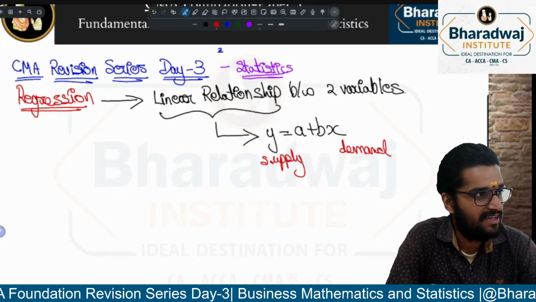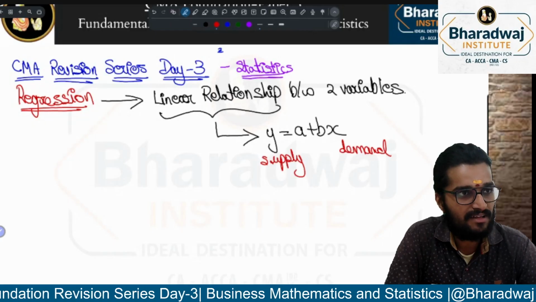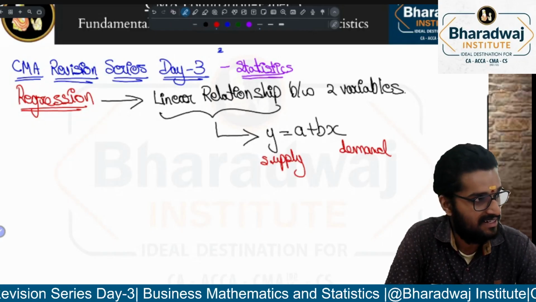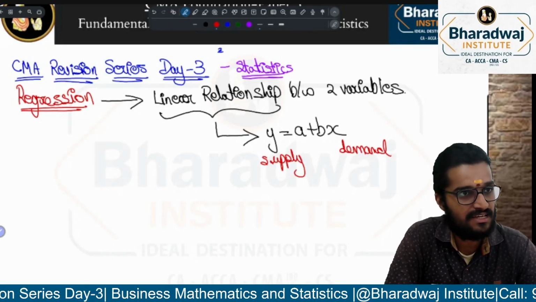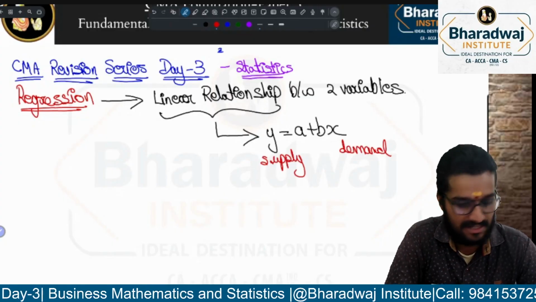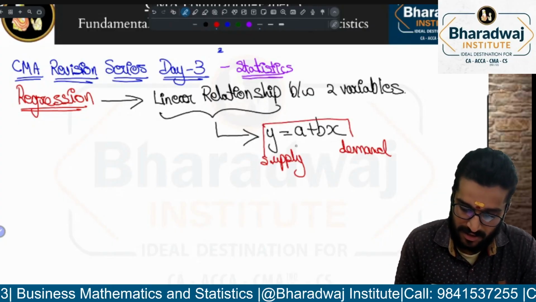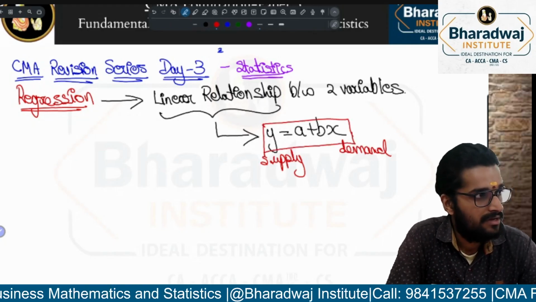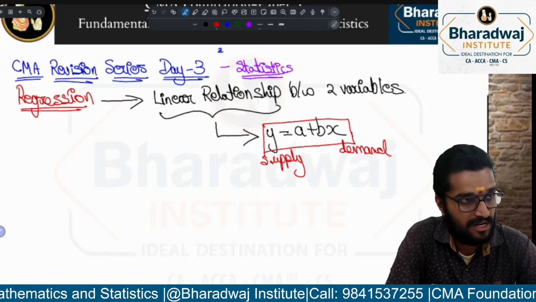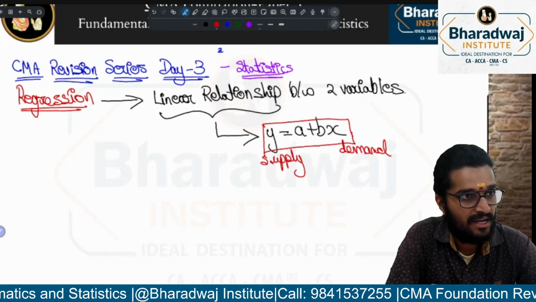I have written the equation for demand and supply, where demand is the independent variable and supply is the dependent variable. If there is an increase or decrease in demand, how supply will get affected, that is what I have written. So here y will be the dependent variable and x will be the independent variable.